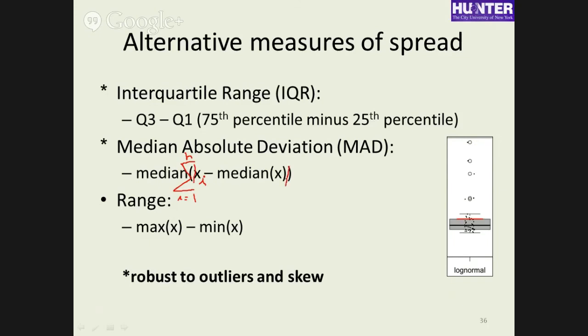So if there's a negative sign, you take away the negative sign. So for each observation, it's just how far away it is from the median, and you add those up and take the median.